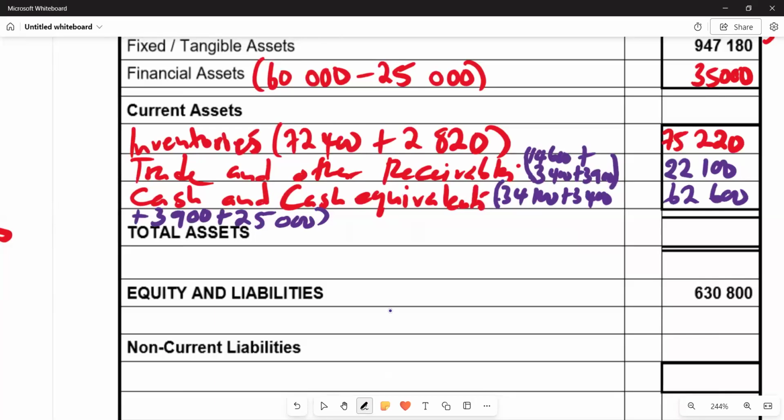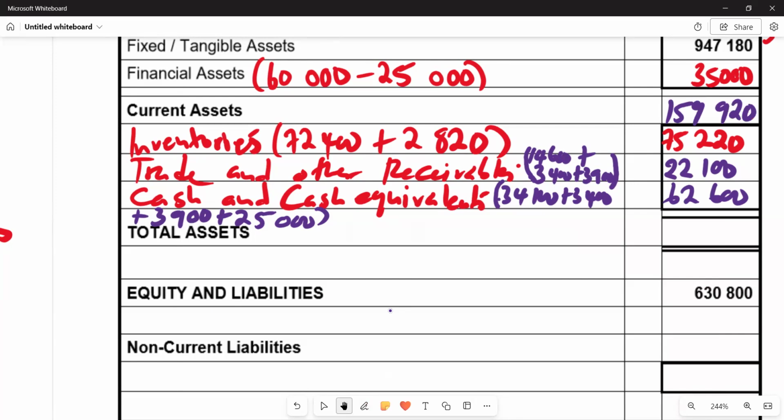So add the 375,220 plus 22,100 plus 62,600. You get a total for current assets, which is 159,920. So this is what we have in terms of our current assets.